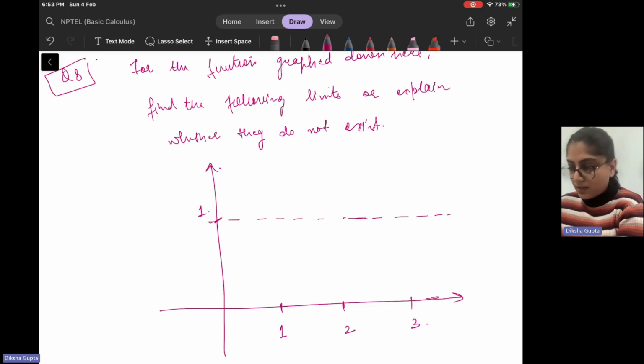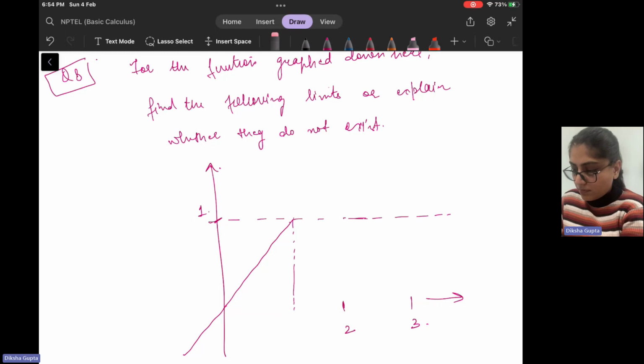So the graph is like, just assume this to be 1.